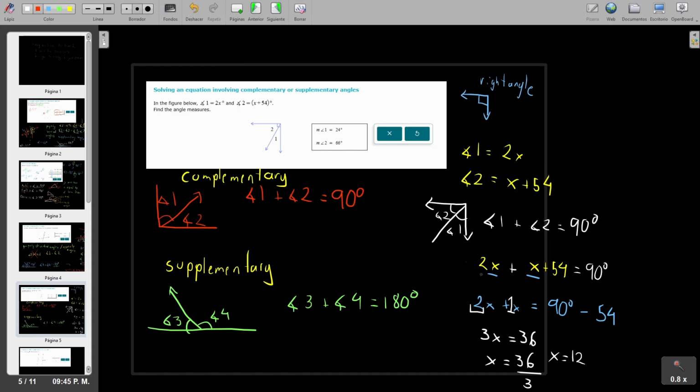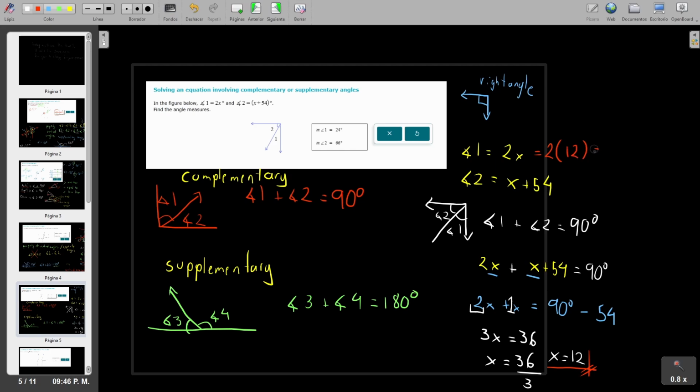We needed to solve this before we substitute. Why? Because they are asking us for the value of angles 1 and 2. So we know the value of angle 1 is going to be 2 times, what is the value of x? That is correct, 12.